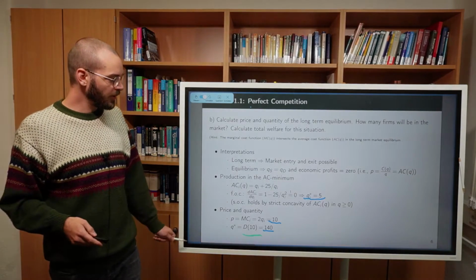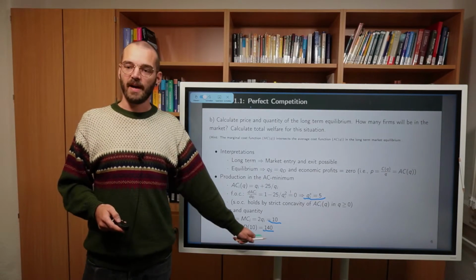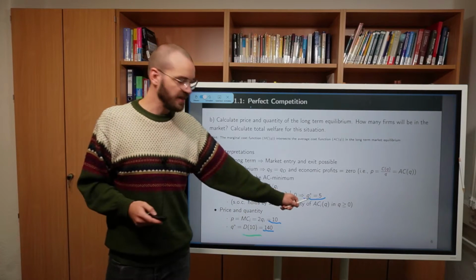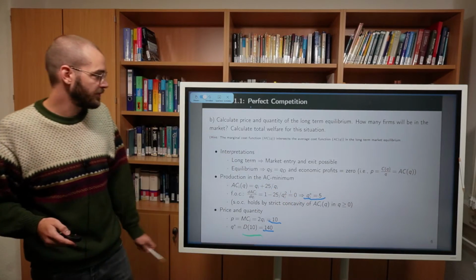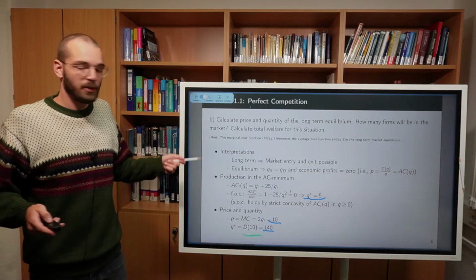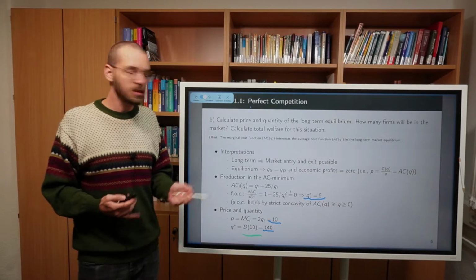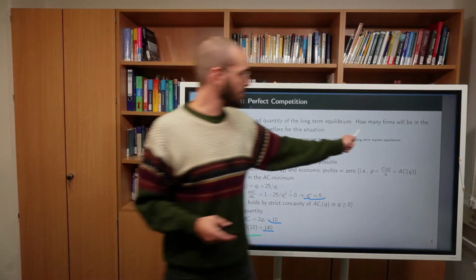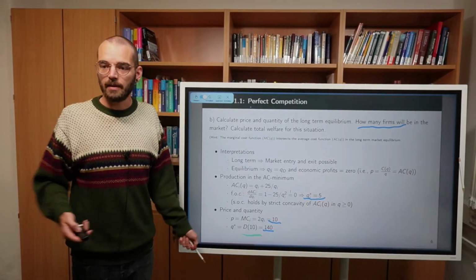All right, now we know the total quantity in the market. We also know the quantity that is produced by each individual firm. So knowing these two numbers, it's quite easy to calculate in the next step how many firms there will be in the market in the end.